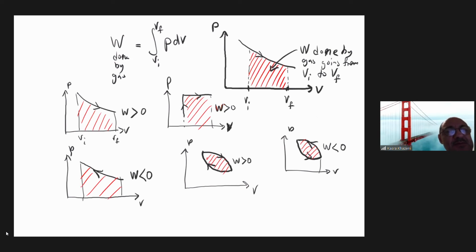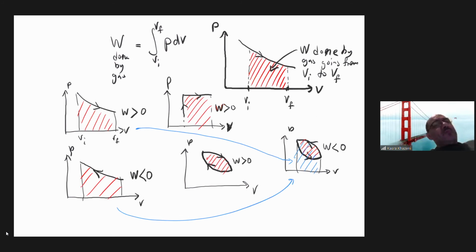The area under this curve is negative because of this. But then on the other end, it looks like this. So when you subtract the two, the red area has a net negative number. Okay? So there are a lot of things that you can tell by looking at the plot of P versus V. All right? Okay. Any questions?